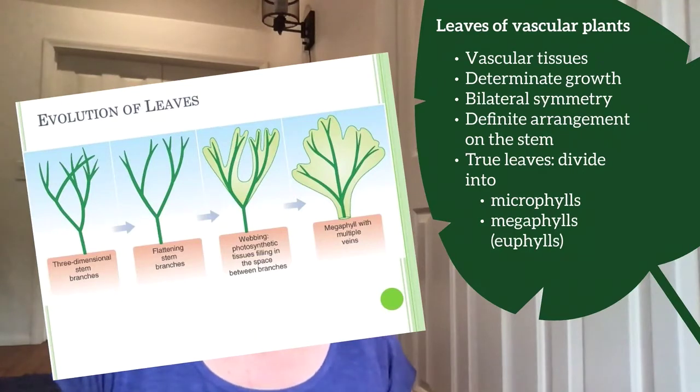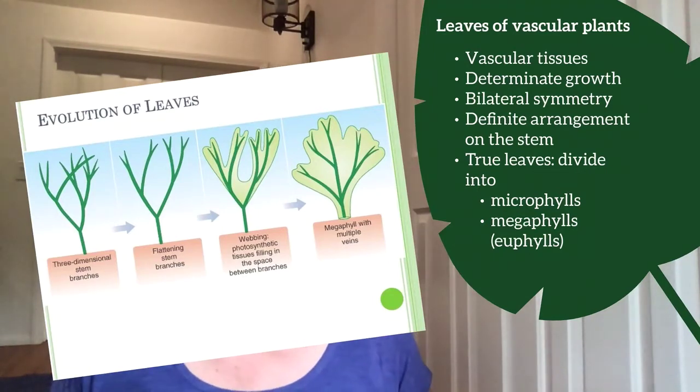That means that they will form the leaf structure. So that's determinate growth. We also will start to see bilateral symmetry. So that means there's a definite left and right side of leaf structures. Okay, there's a definite arrangement on the stem, and in some ways we can use that arrangement in order to identify specific species. Okay.